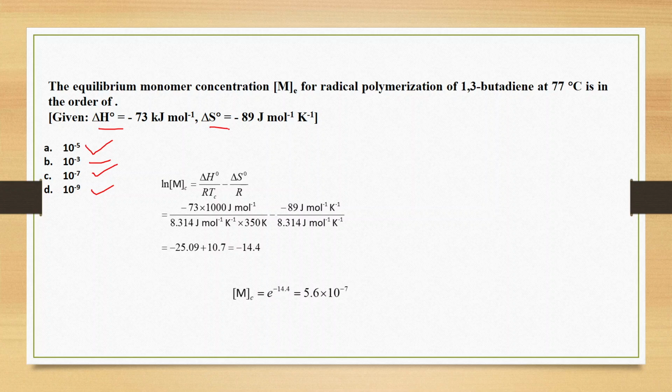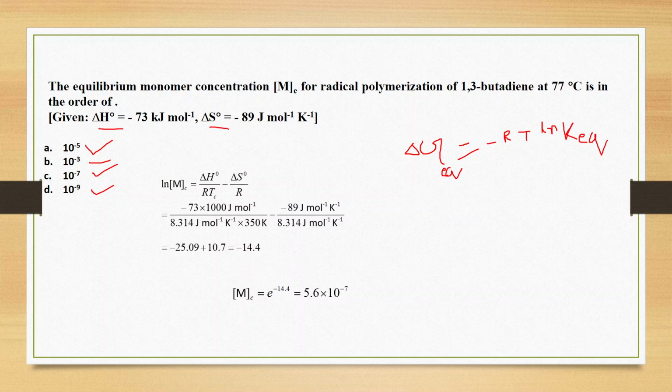So this is the answer. How is it coming? If you go to the slides, you already know that delta G is equal to minus RT ln K. Let me write it down. This will be delta G at equilibrium, and K will be the equilibrium constant as well.